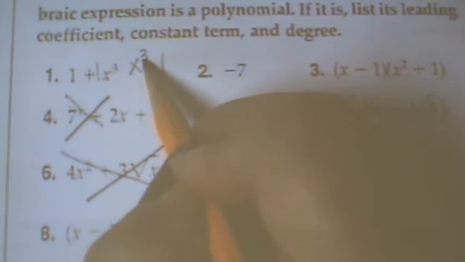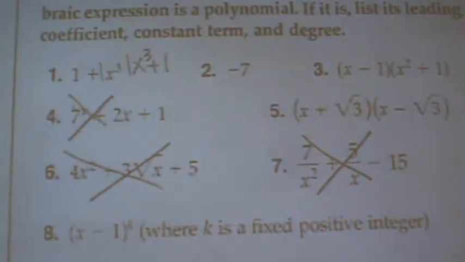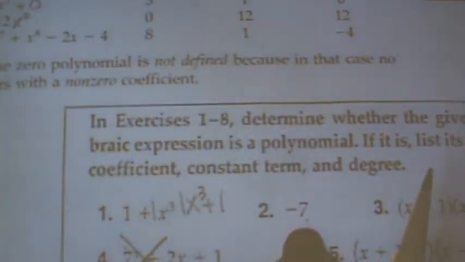So the degree is 3, the leading coefficient is 1, and the constant is 1. Okay? Now if you skip to number 3, and by the way, this negative 7 is just like 12. The degree is 0, the leading coefficient would be negative 7, and the constant would be negative 7.